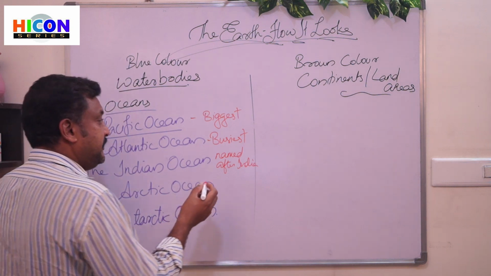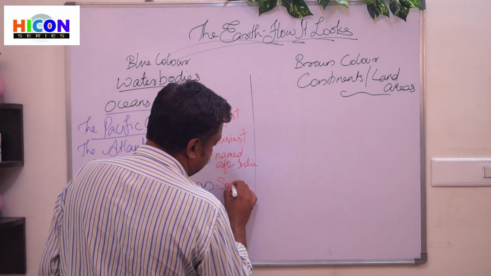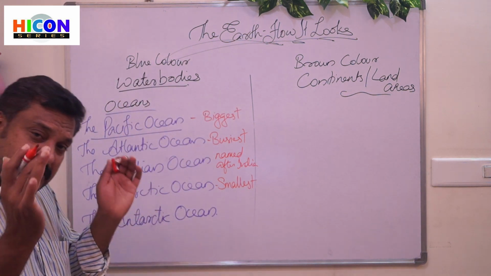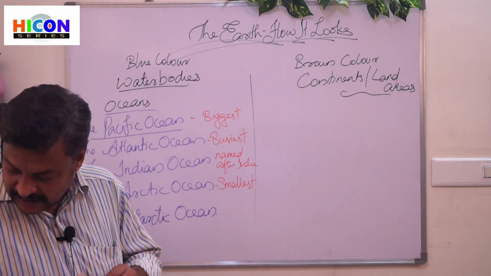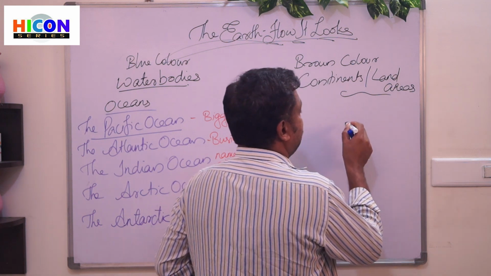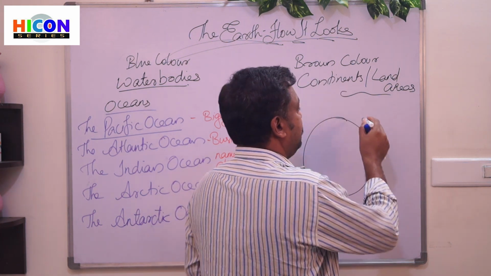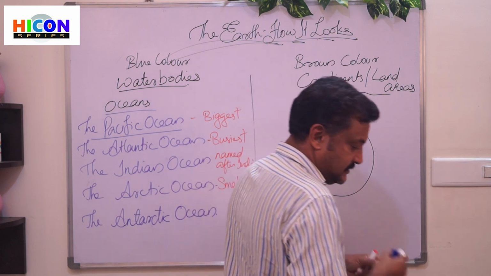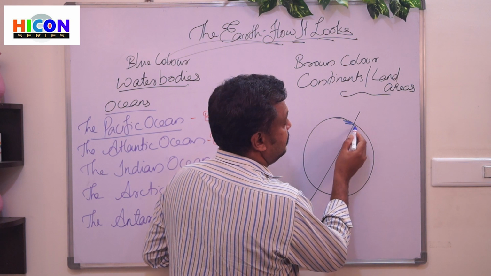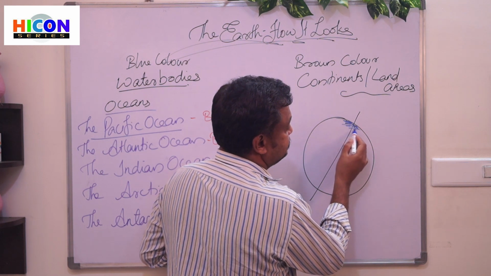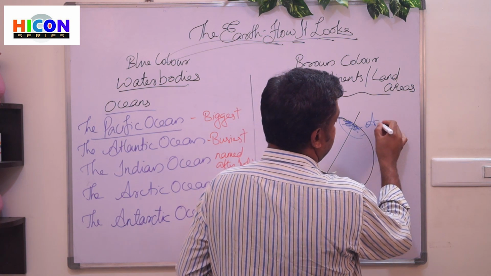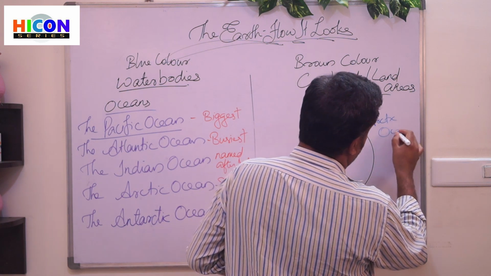Okay. Now, Arctic Ocean is the smallest ocean. See, when we draw the globe, imagine this is the earth and this is the axis. We can see this region, we have an ocean here, and this ocean is the Arctic Ocean.